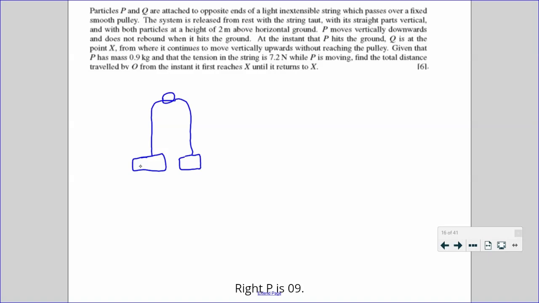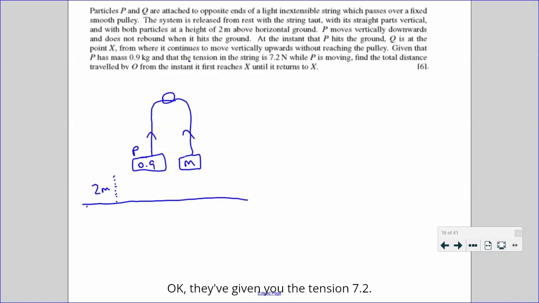Right, P is 0.9. Okay, they've given you the tension, 7.2. Okay, it says that P goes down.